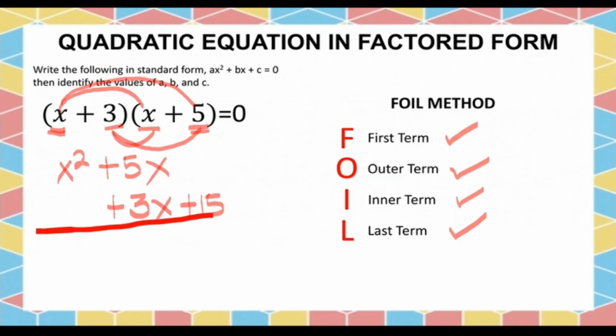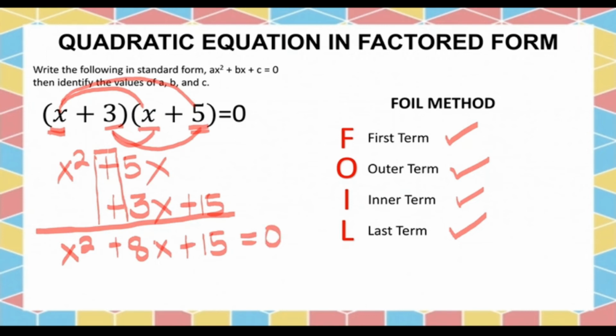Then we simplify. Bring down x squared. Now in adding similar terms, since they're all positive, we're going to copy the sign and then we'll proceed with addition. So 5 plus 3, we have 8. Then bring down x plus 15 is equal to 0.